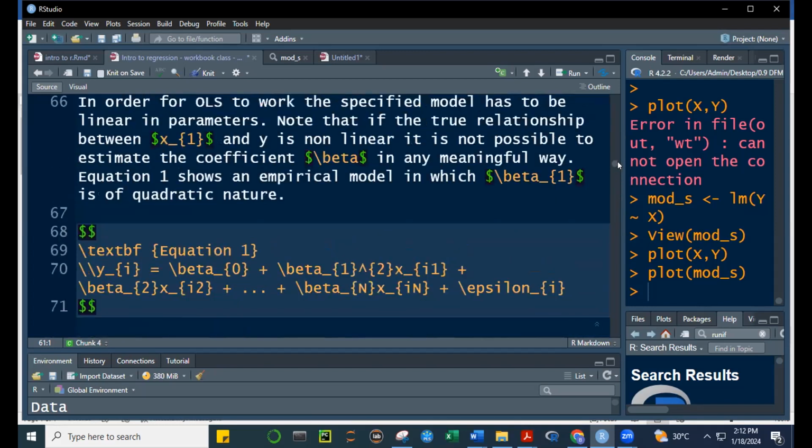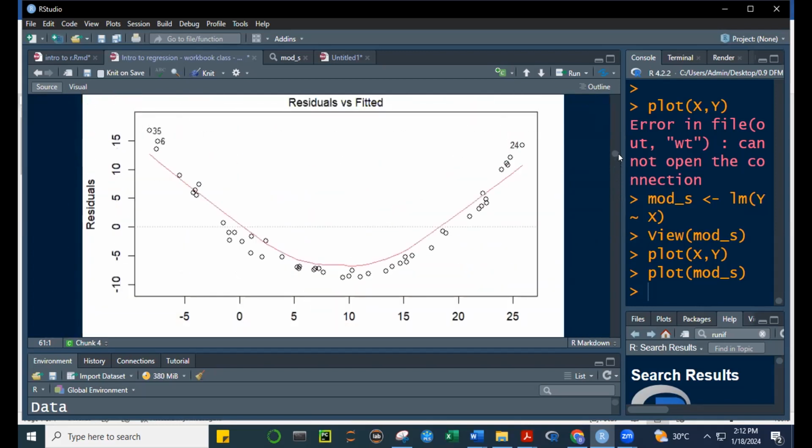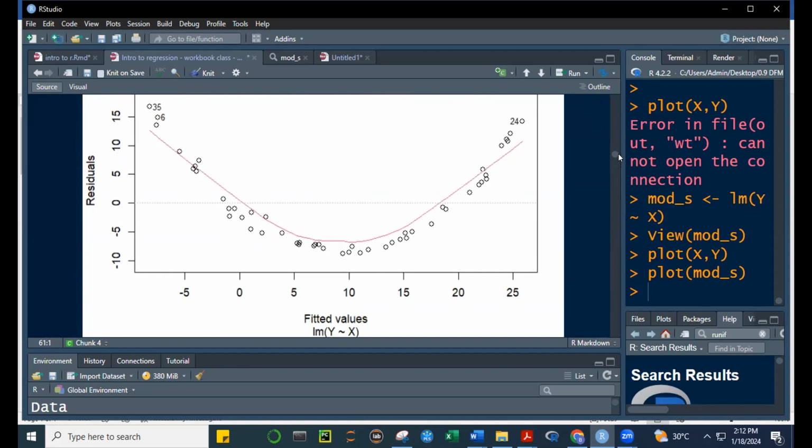Dapat yung residuals natin, class, constant variance yan. Here, class, you don't see a constant variance. Dapat kasi kung constant variance, randomly nag-spread out lang siya dito. Okay, here it has a pattern.